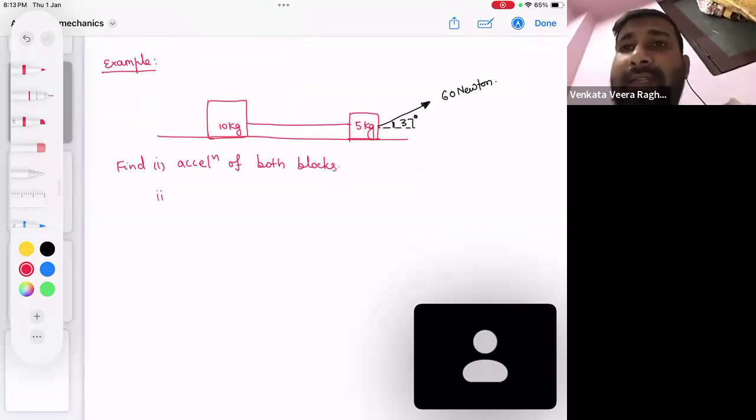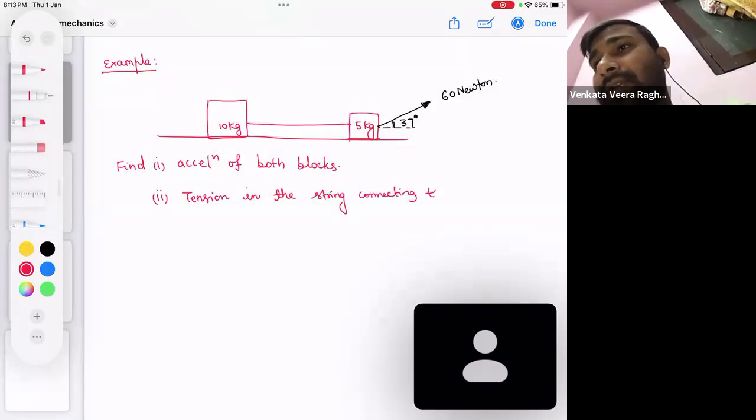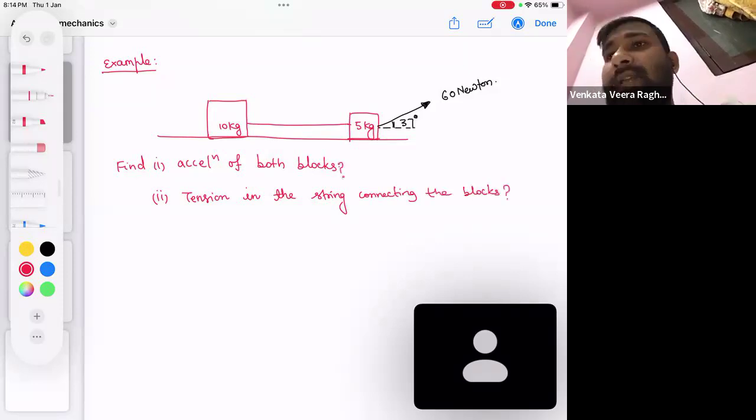And second, the tension in the string connecting the blocks. What is the tension in that string? That we have to find out. Another thing, what is the normal applied by the ground on the blocks? That is also asked in the question. So please tell me how much the answer will be.